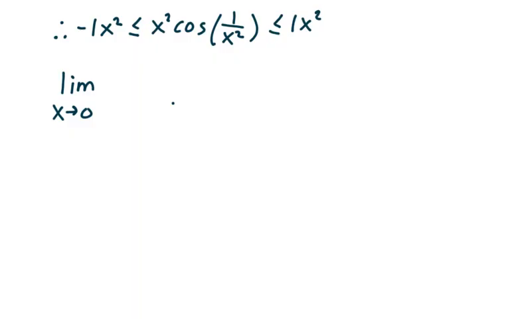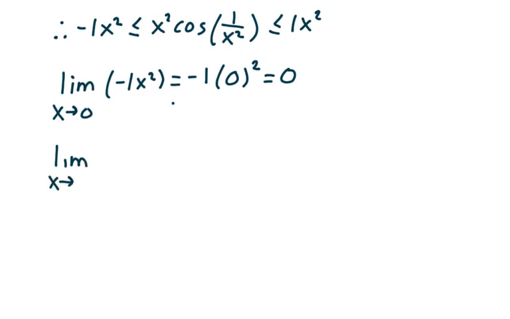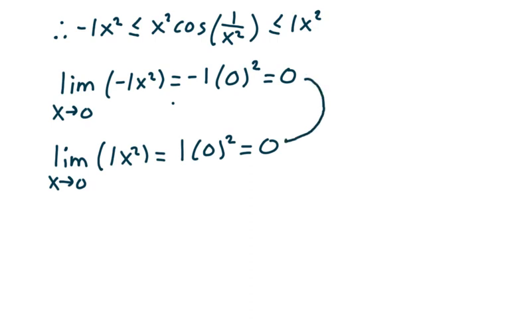The limit as x goes to 0 of negative 1 x squared is equal to, by direct substitution, negative 1 times 0 squared, which is equal to 0. The limit as x goes to 0 of 1 x squared is equal to 1 times 0 squared, which is also 0. So notice how these are the same value, right?